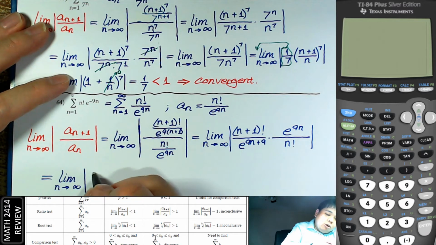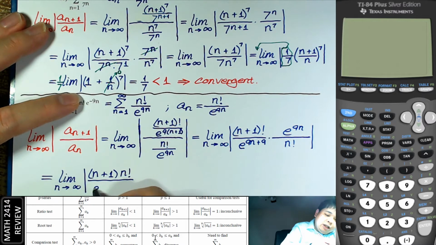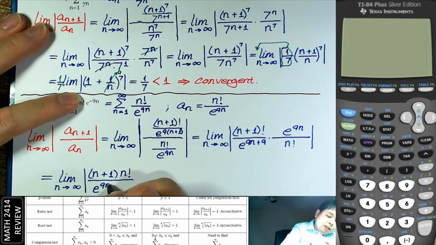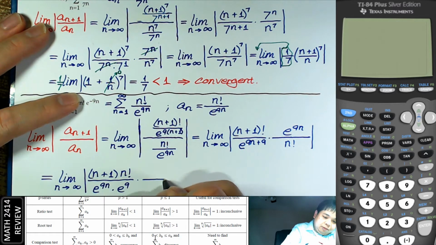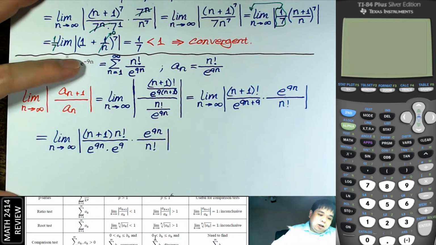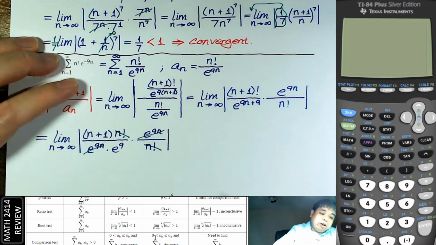Right, n plus 1 factorial, we will write as n plus 1 times n factorial. Here we write e to the 9n, so we can cancel with that, and then times e to the 9. So we can cancel out e to the 9n, and n factorial cancels with n factorial. We are left with n plus 1 over e to the 9 power.